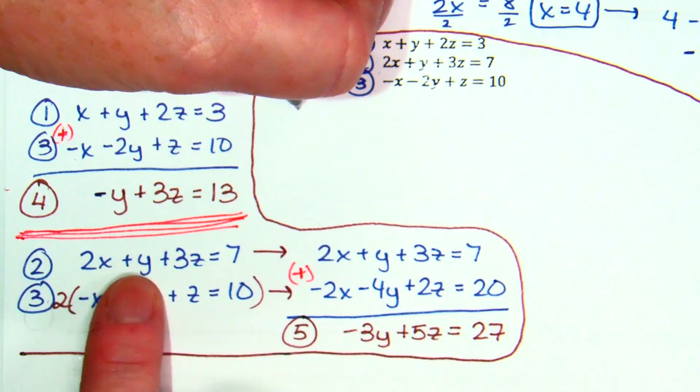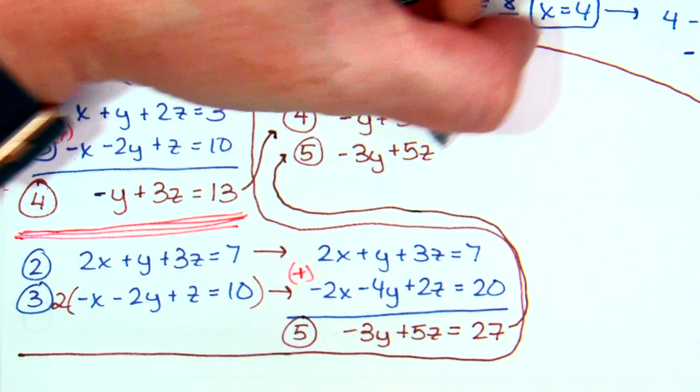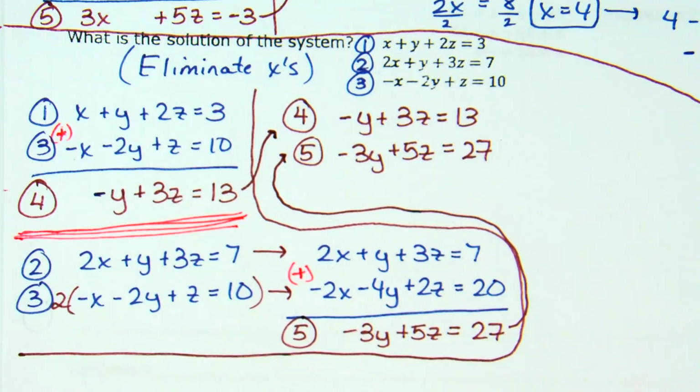Equation 5 is negative 3y plus 5z equals 27. Now we're back to doing what you did on the quiz. 2 equations, 2 variables. Do you want to eliminate y or z?